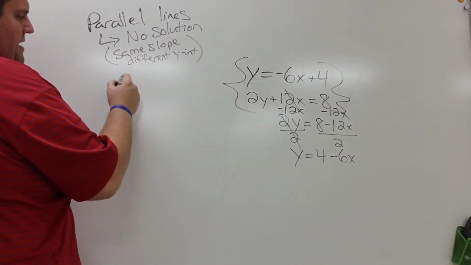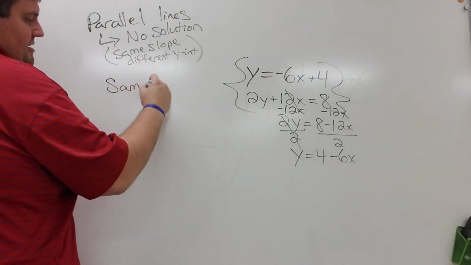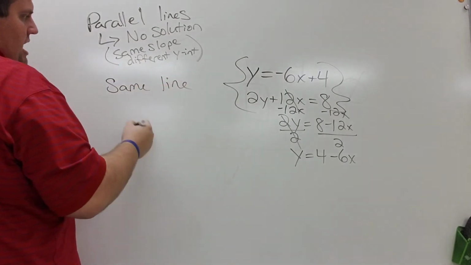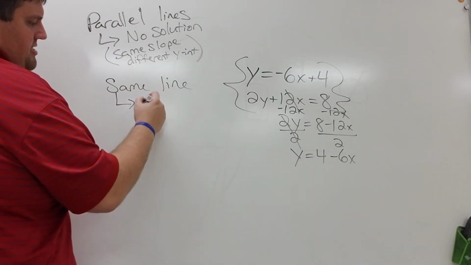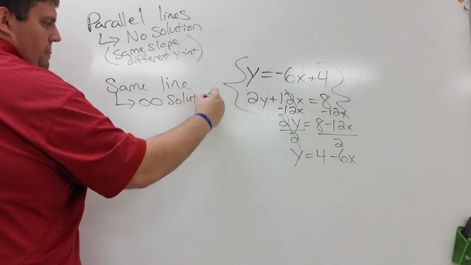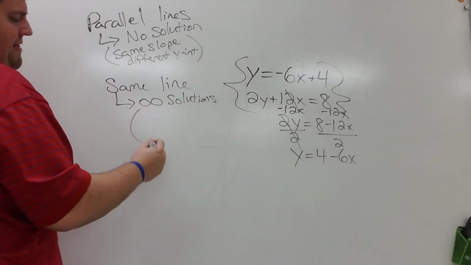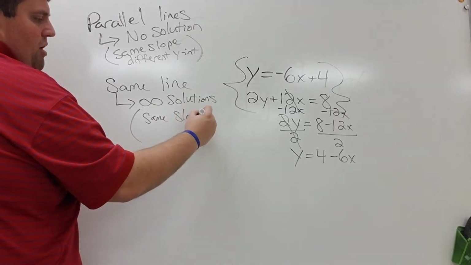So if they're the same line when you're done, I'll just write infinite solutions. And what I mean by that is they have the same slope and the same y-intercept.